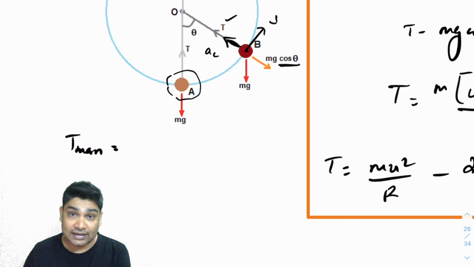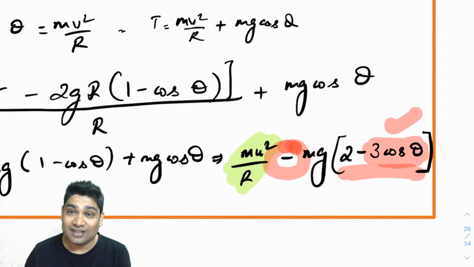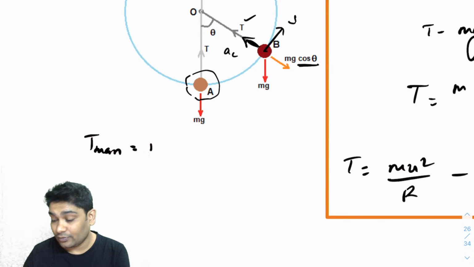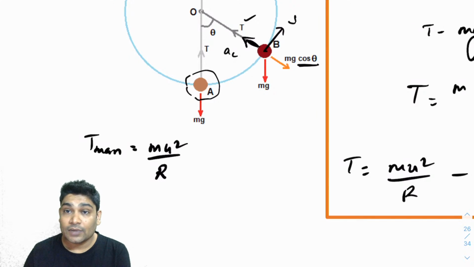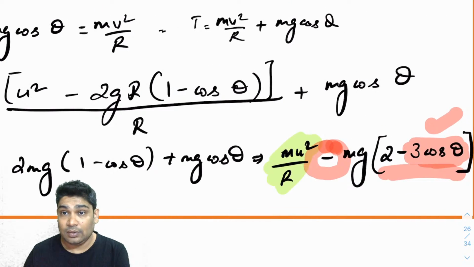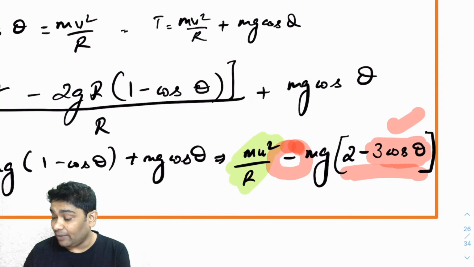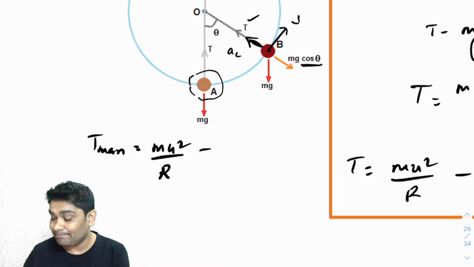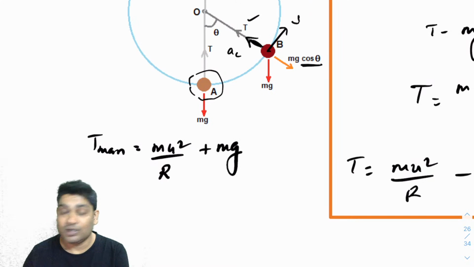T max would be, let's put the value of theta as 0 there. So what do you have? You will have mu square over r, and then, okay, if I put theta as 0, so this is minus 1, so plus mg. That is what I am getting.